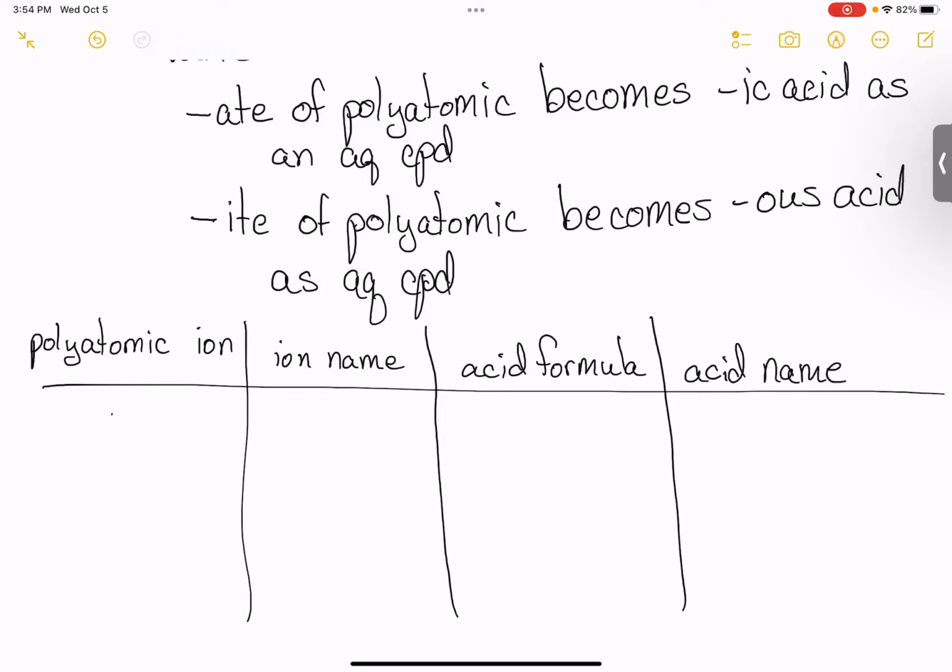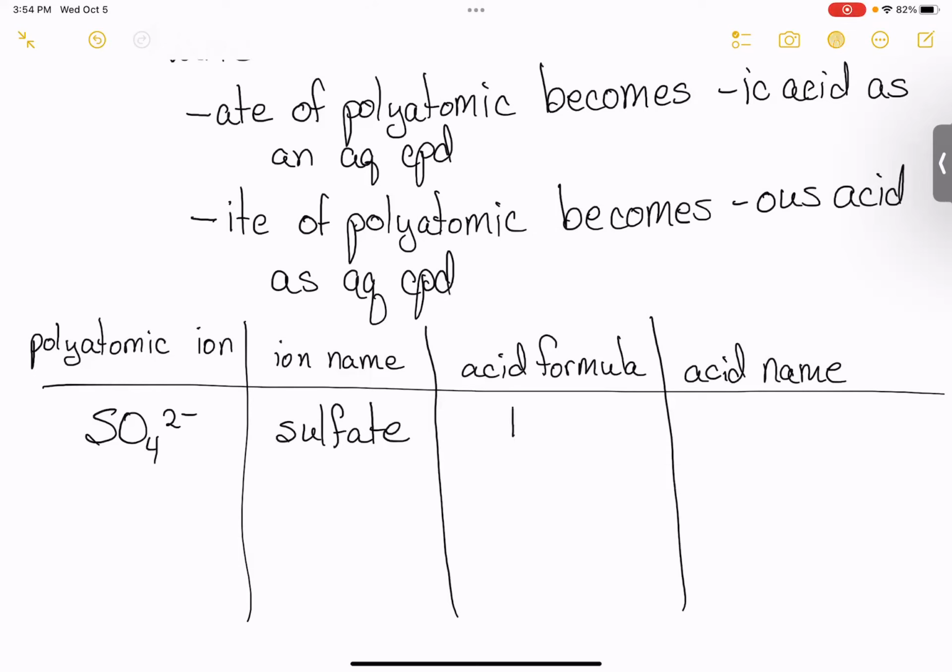So if I have the polyatomic ion SO4 2-, what is it? Yes, it's sulfate. According to what I just wrote about formulas, the number of hydrogens is equal to the charge.